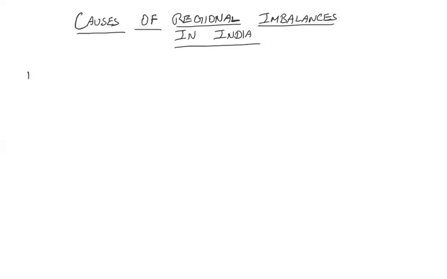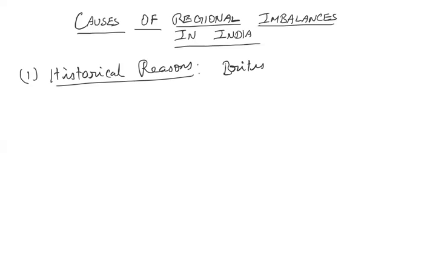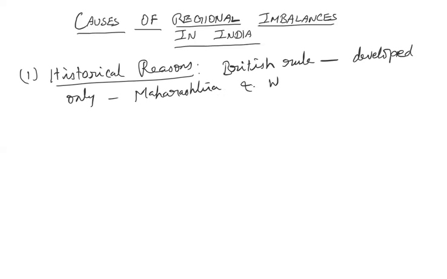So first and foremost, historical reasons. Historical reasons means we can go back to what happened during the British rule. During the British rule, they developed only certain areas, like Maharashtra and West Bengal.